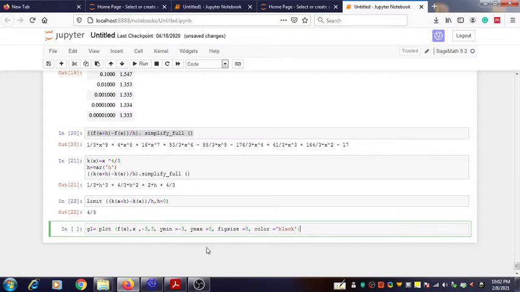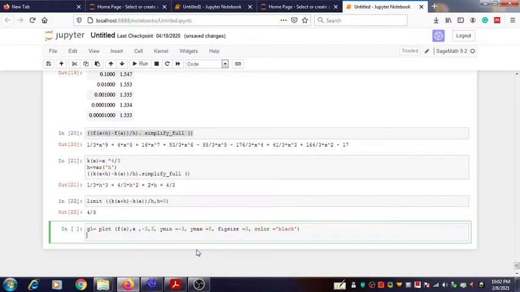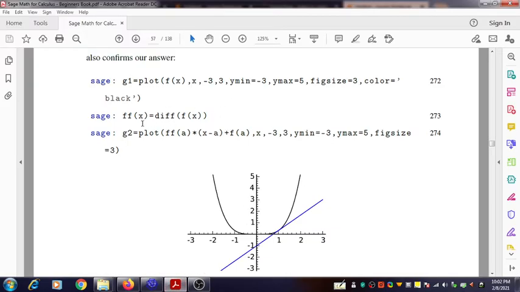Okay, now for plotting of the first graph we have done that, and then next we go to the differentiation. That differentiation function is used here to differentiate fx. So we want to differentiate f of x, and the derivative of fx will be denoted by f of x.